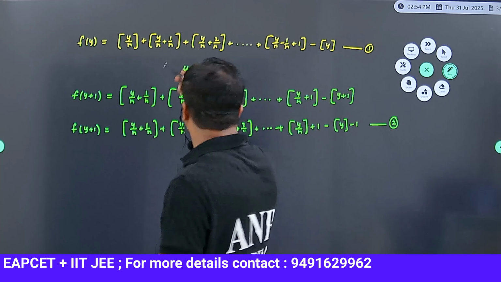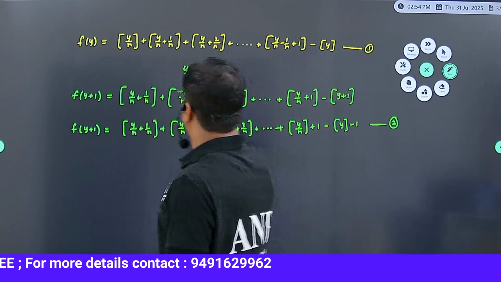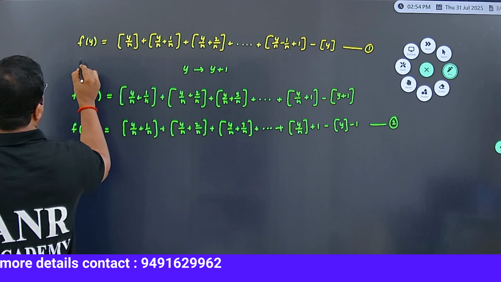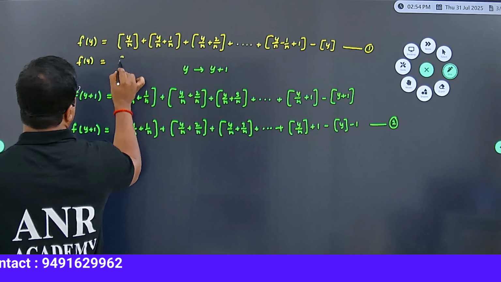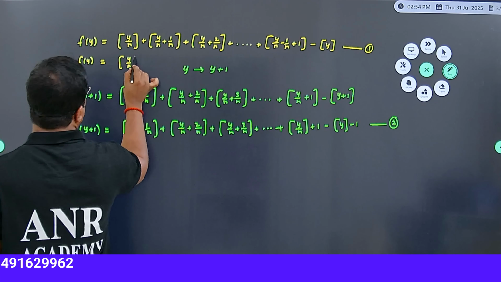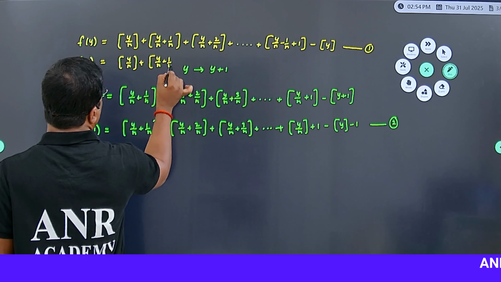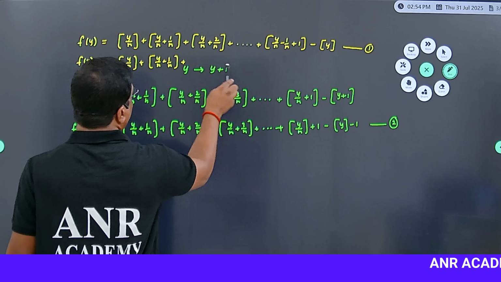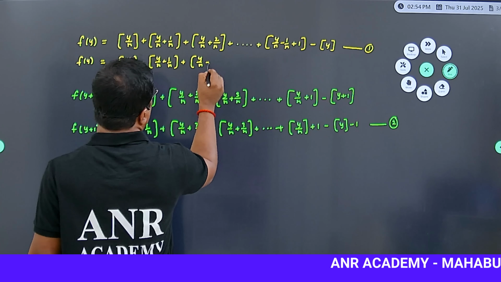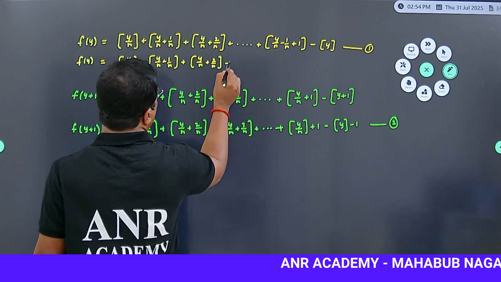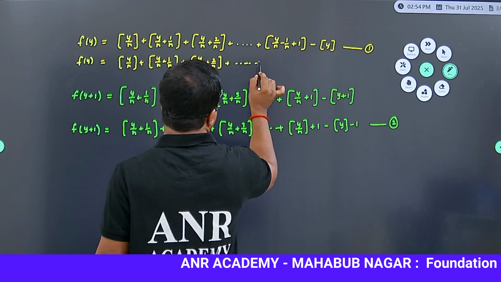And result 1 here you have, this is f of y: first term y by n, second term y by n plus 1 by n, this is y by n plus 2 by n plus, and so on.